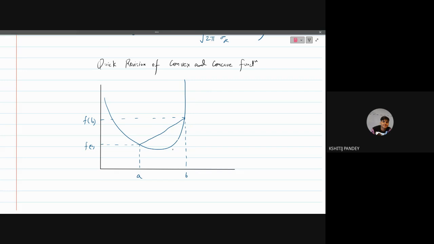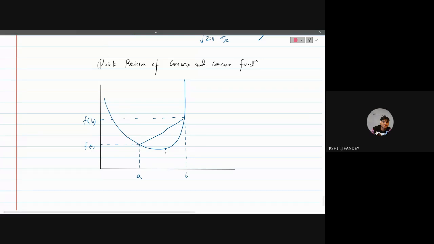So mathematically, let's say you have (A plus B) by 2. The function's value at (A plus B) by 2 is less than the linear interpolation.